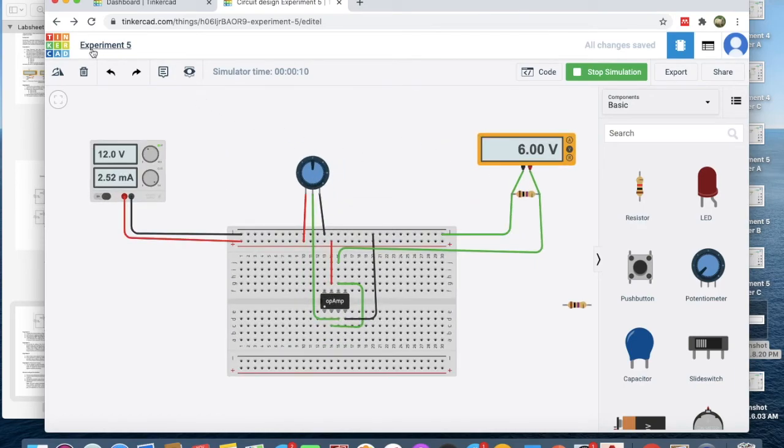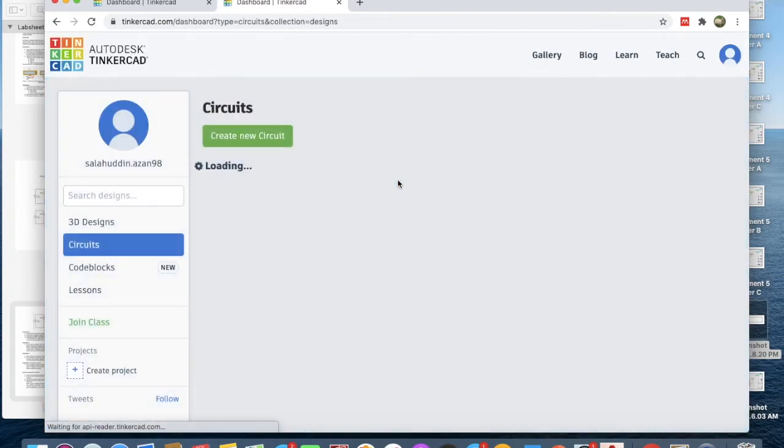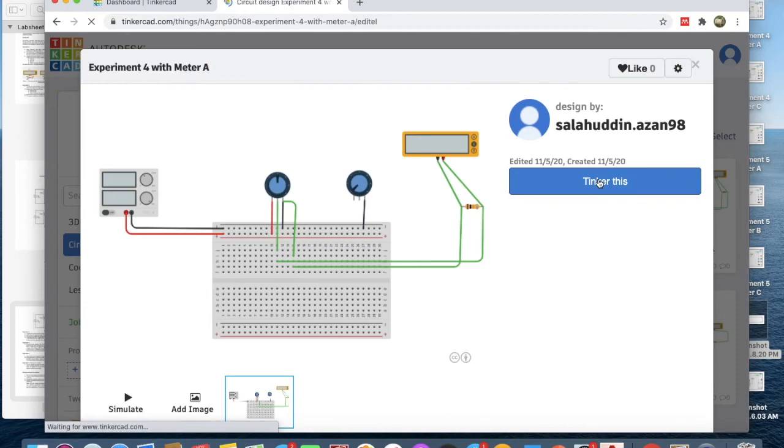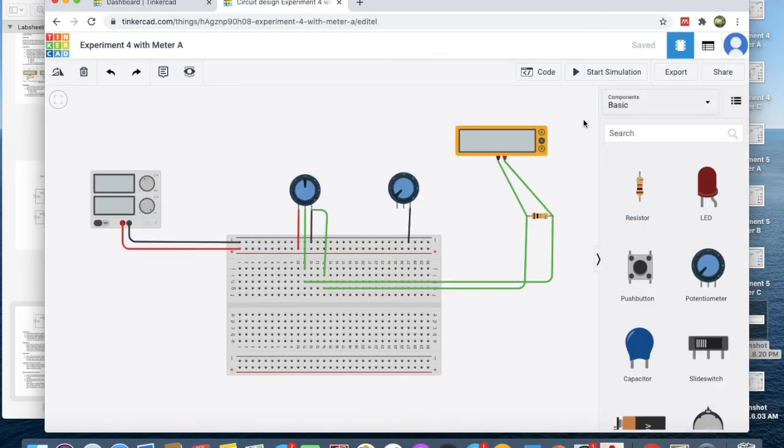As we could see from the previous experiment 4, the result was 4.8 volt without the buffer.